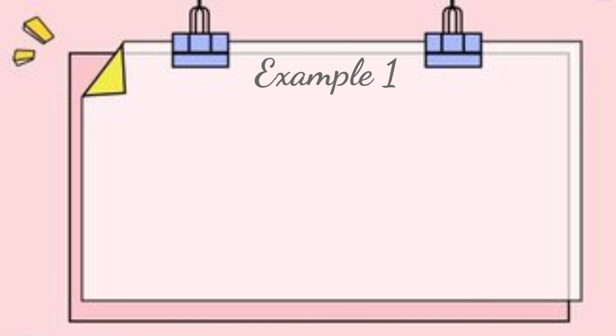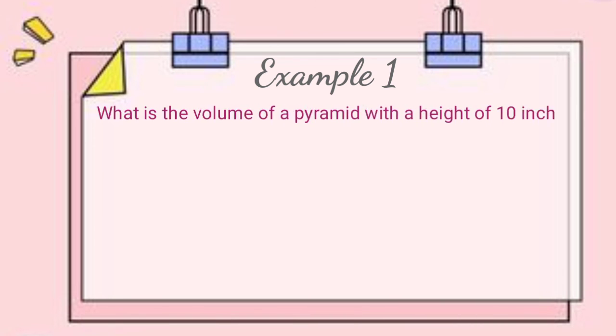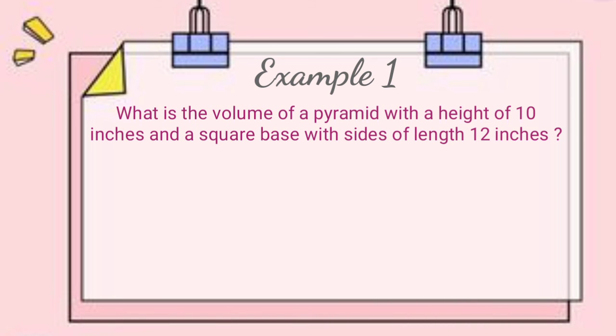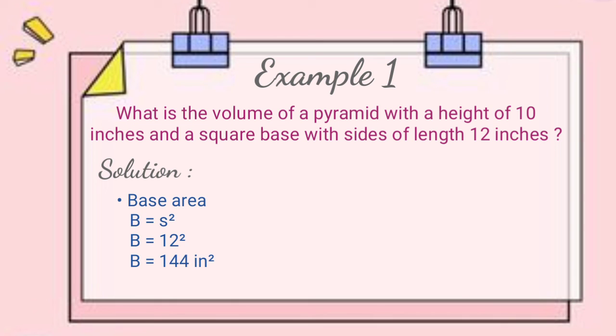Example 1. The question: what is the volume of a pyramid with a height of 10 inches and a square base with side length 12 inches? Solution: first, we calculate the area of the square base, B equals 12 times 12 equals 144 square inches.